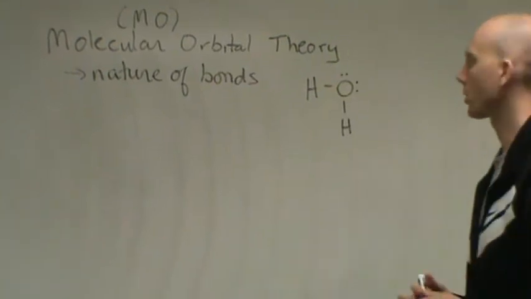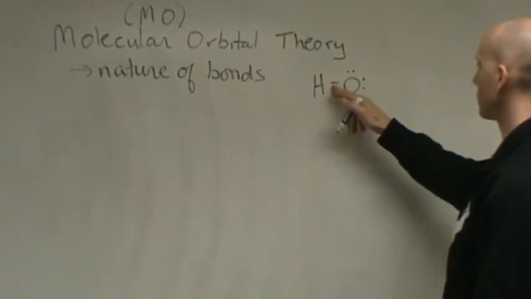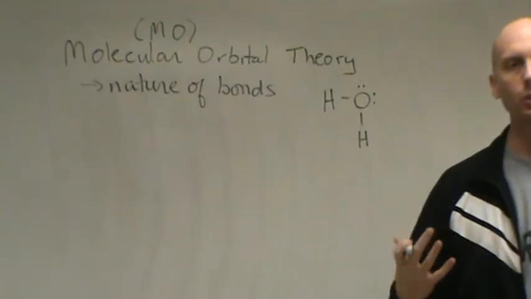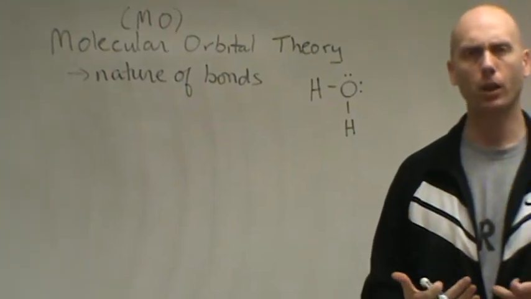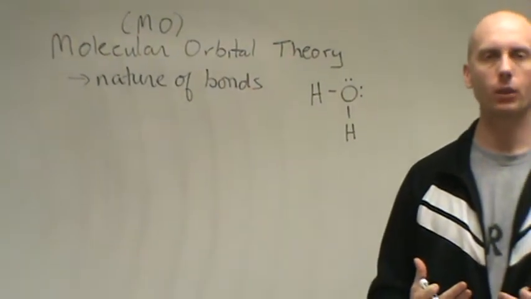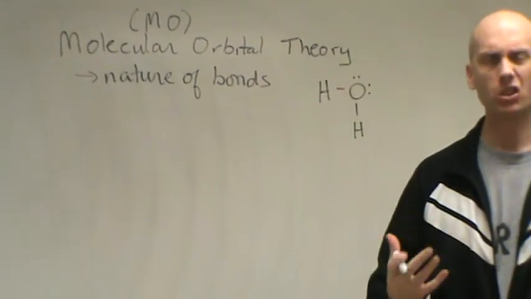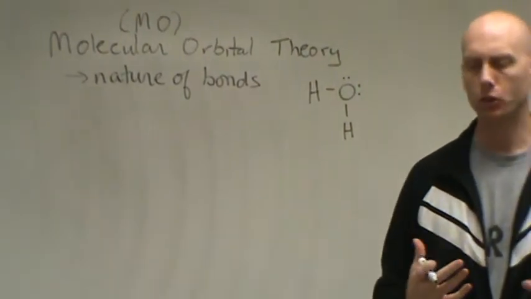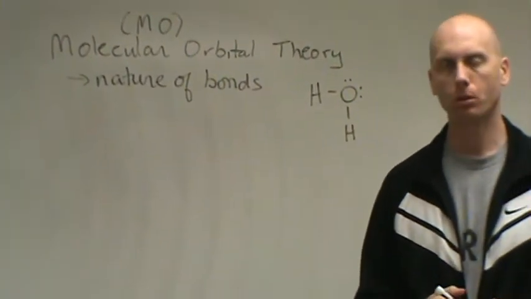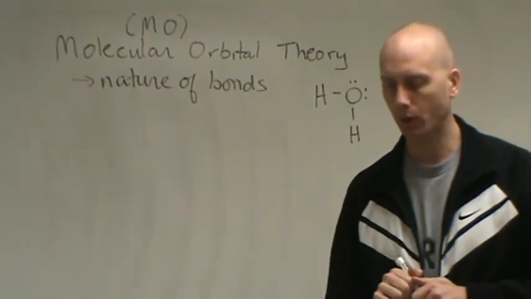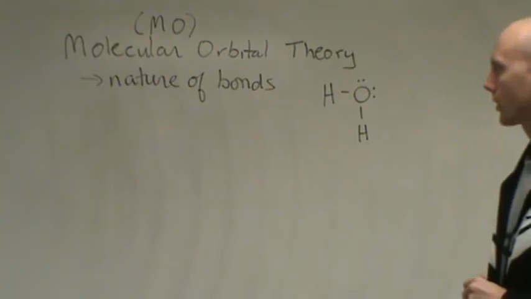And so we see that we have two bonds in here. Well, what molecular orbital theory is going to do is look at the nature of those bonds. What exactly is going on in those bonds? What is the functionality of the bonds? How can we give those bonds more description, more analysis? So that's what we want to get into with this theory here.